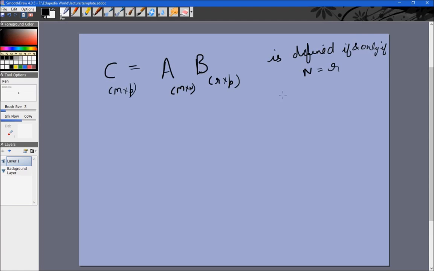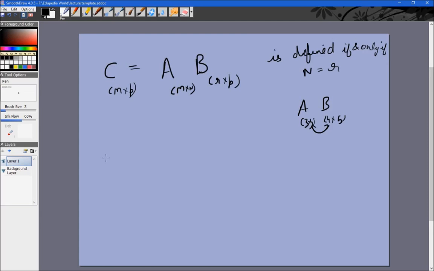Okay, so if you are multiplying a matrix A and a matrix B, if this is a 3 cross 4 matrix, then this has to be a 4 cross something matrix, let's say 5. These two numbers have to be the same. The number of columns in the first has to be equal to the number of rows in the second.